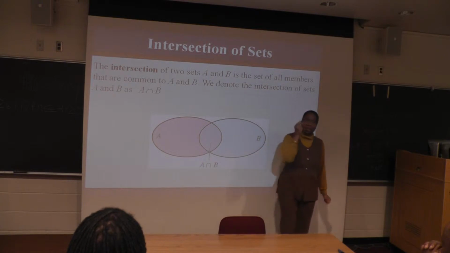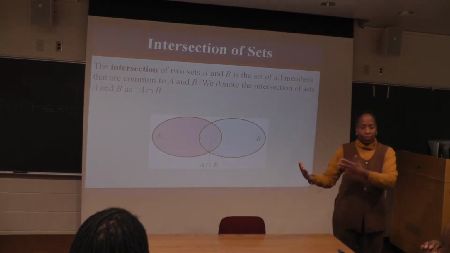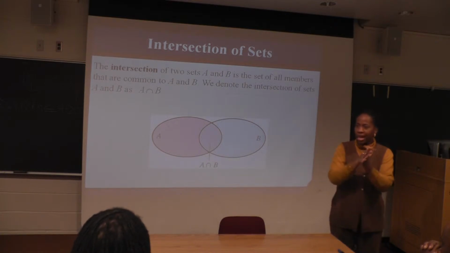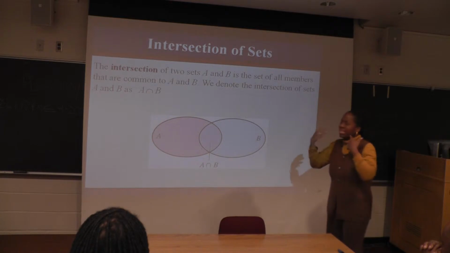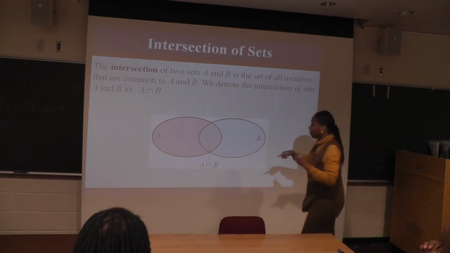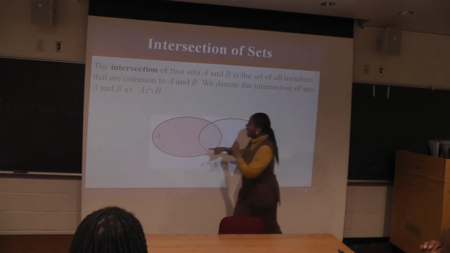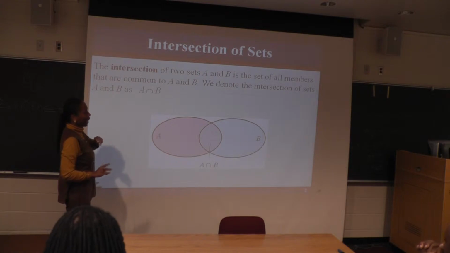So whenever you hear intersection, think overlapping. No overlapping, no intersection, okay? We denote, and when we say we denote, the notation for intersection, I'm sorry, is this upside down U, okay?